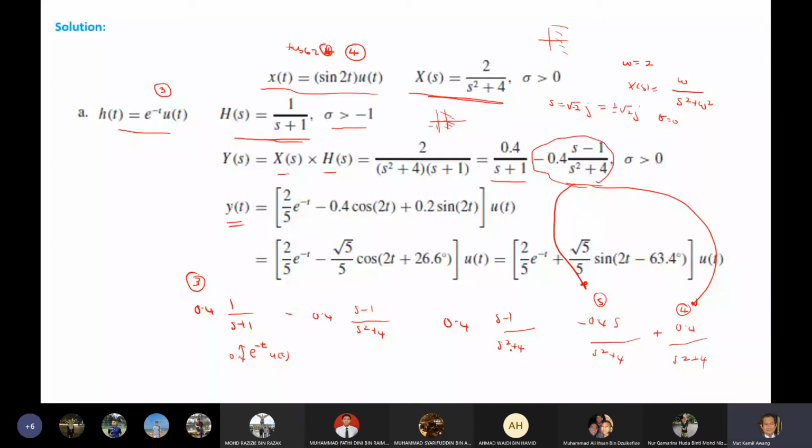One is cosine and the other one is sine.